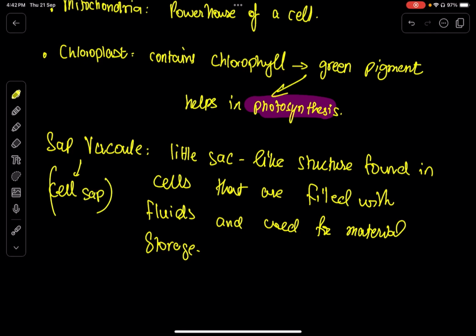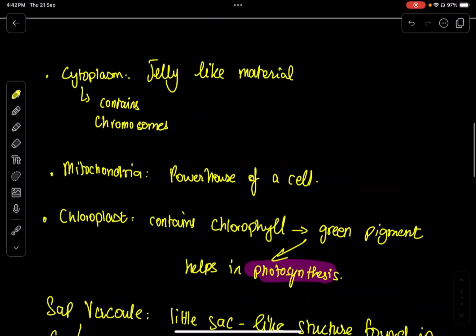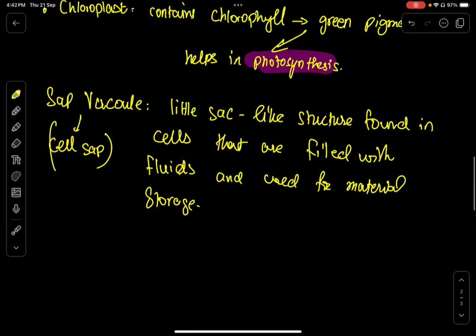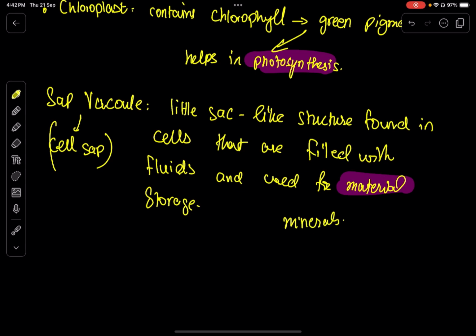So this is what this big boy does. It is a sac-like structure found in cells that are filled with fluids and used for material storage. When we say material storage, fluid, it means minerals. It stores all the minerals within its cells. This is what a sap vacuole is.